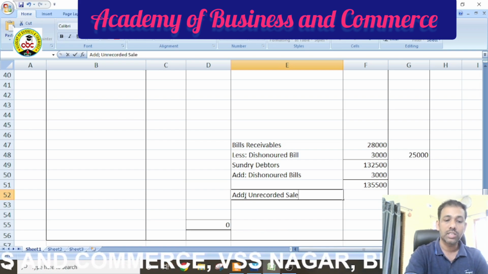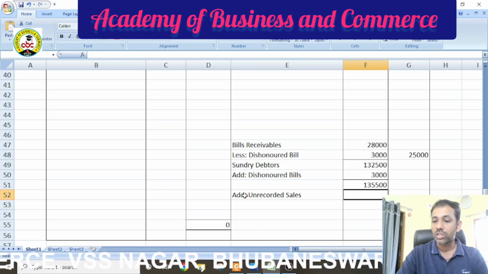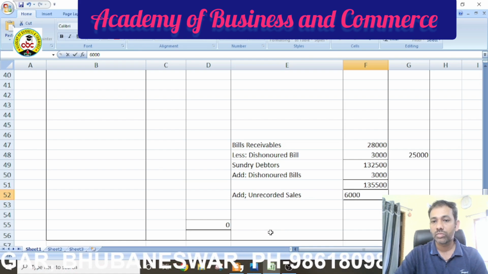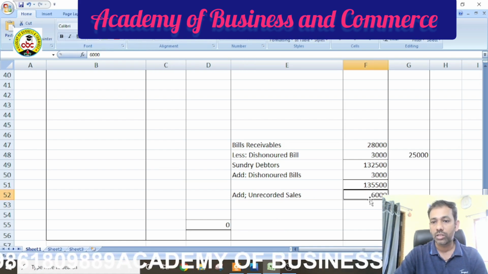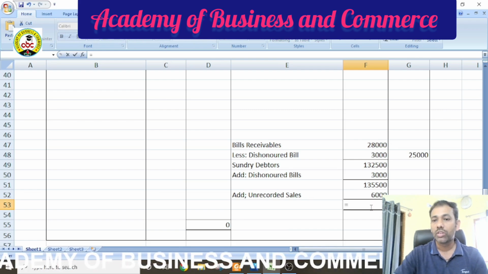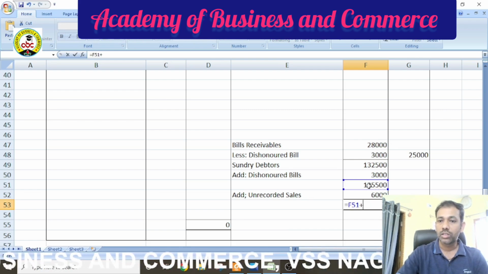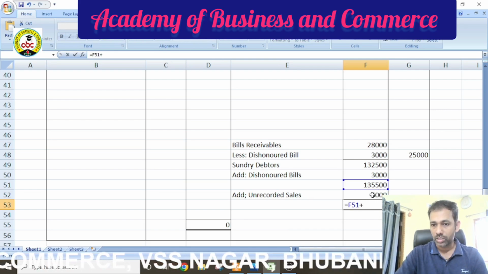So that amount is 6,000. By adding this item, the total debt we now have to receive from the debtors is 1,35,500 plus 6,000.